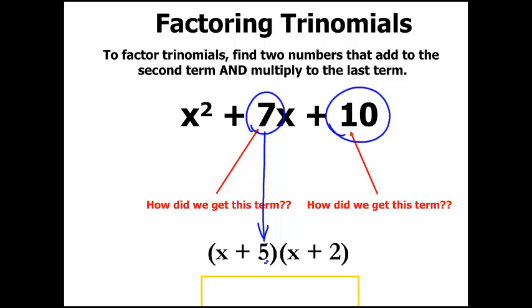How did we get the 10 from those? Well, the middle term is going to be the sum of your 2 constants, and the last term is going to be the product. So this is what we added, or in some cases subtracted, from our binomials, and this is what we multiplied from the constants in our binomials.